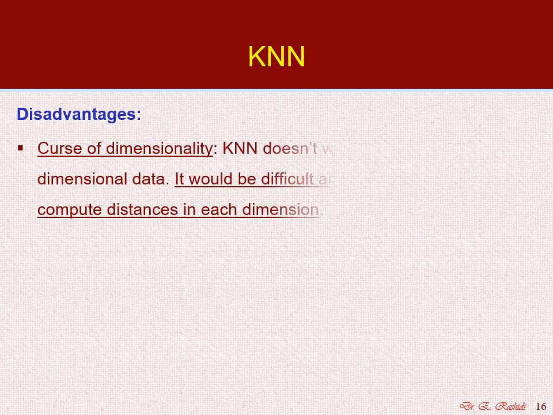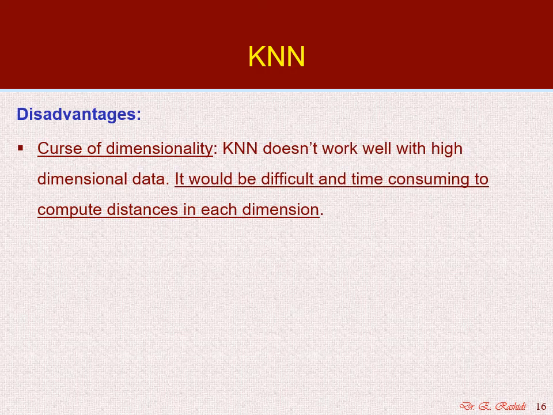This is specifically true for the KNN algorithm because KNN works with the idea of nearest neighbors. That means that it has to find the distances between different data points based on different features. So if you have high dimensional data, that's going to be a lot of computation. It's going to potentially hurt the algorithm.